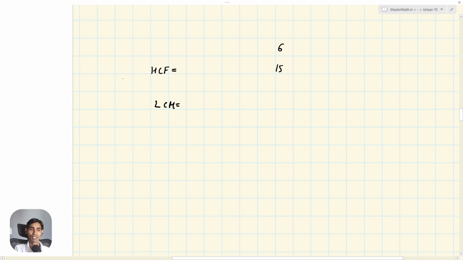So HCF is the lowest powers of all factors. What does that mean? I would write the factors: 6 is 2 into 3, and I would specify the powers also, because I need to check in order to find the lowest powers.